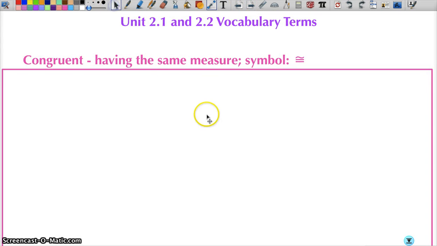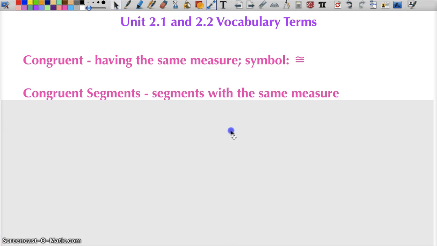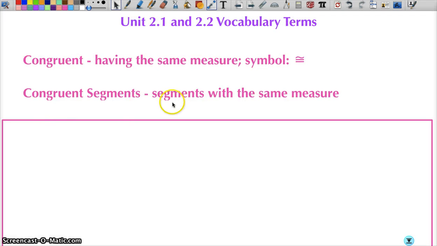All right, only a few more, I promise. Congruent. Congruent is having the same measure, and this is the symbol that you use for congruent. It's just an equal sign with a little tilde on top, so it says they have the same measure. And then we have congruent segments, so that would just be segments with the same measure.